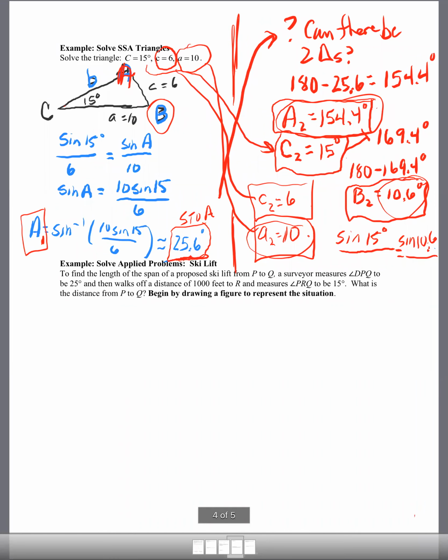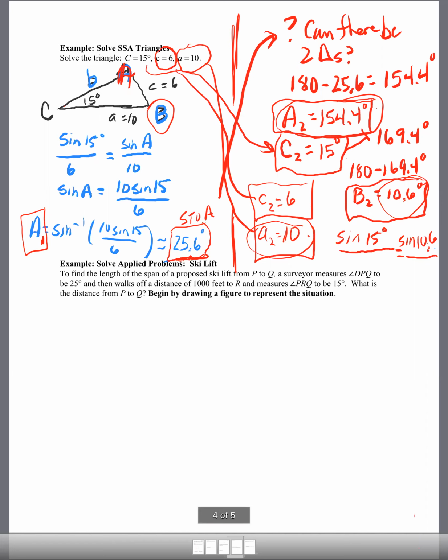So after we've worked all of these generic kind of cases, we get to an application. And like in 8.1, the most important thing to these applications is the actual drawing of the triangle. So here the scenario is about a ski lift.